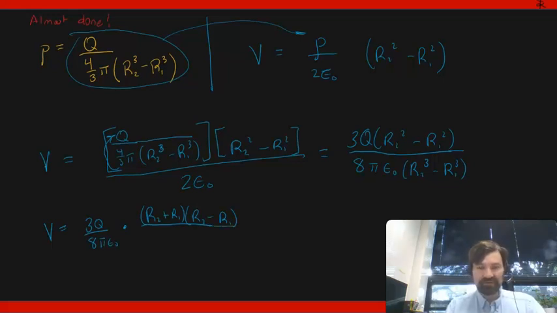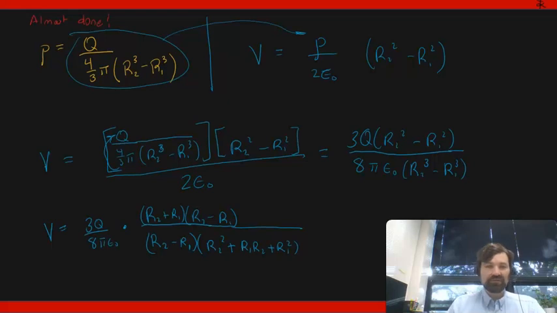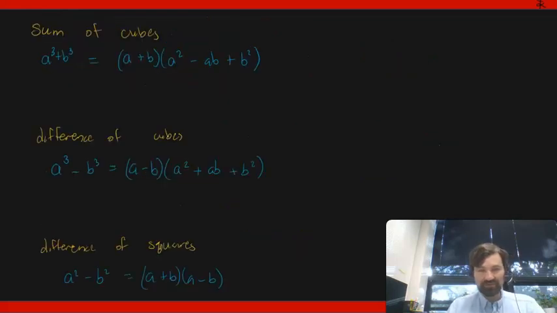And the denominator becomes R2 minus R1, it's the difference of cubes, times R2 squared plus R1 R2 plus R1 squared. So we're basically making use of a difference of cubes, this form, and a difference of squares, this form.